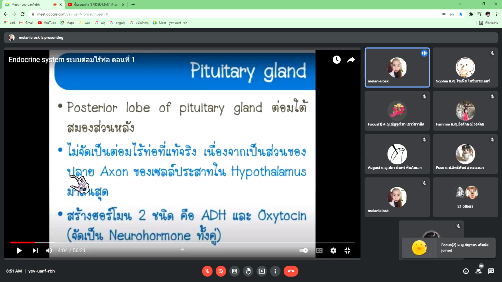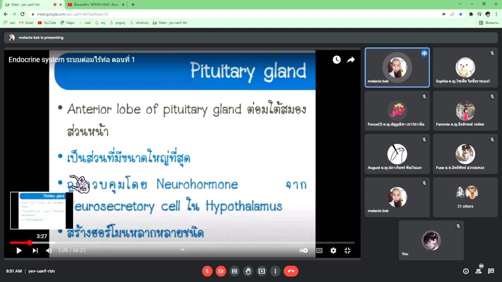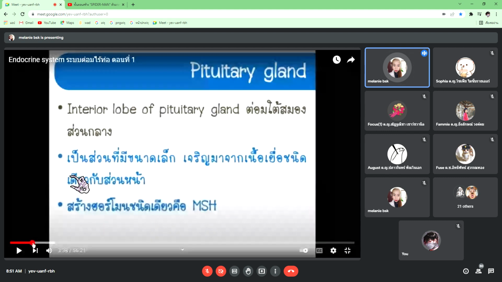The other parts of your pituitary gland are the anterior and the posterior, the upper and the lower part.